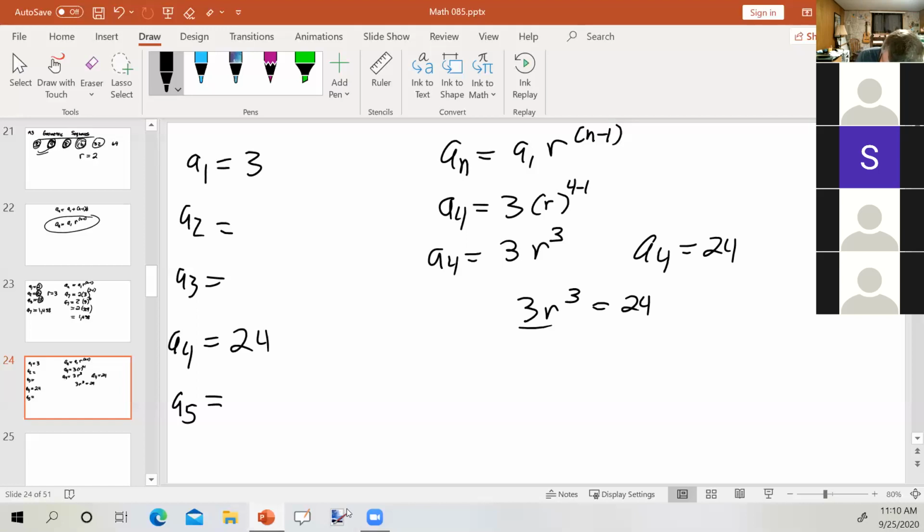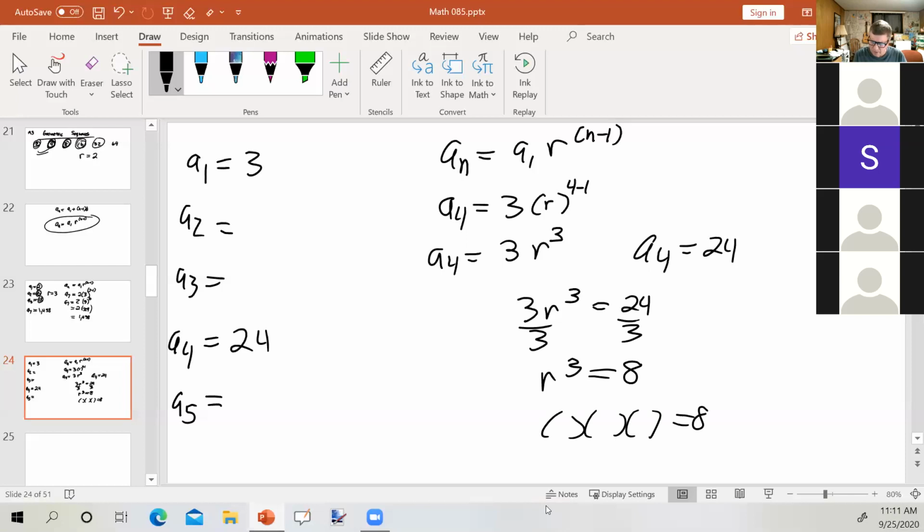All right. Divide both sides by 3 and r cubed equals 8. Well, now things get a little bit tricky. r cubed equals 8. So that means that some number times itself is 8, because we've got to have 3 identical factors. Later on, we'll cover an entire chapter dealing with all this stuff, but right now we're just getting a little taste of it.